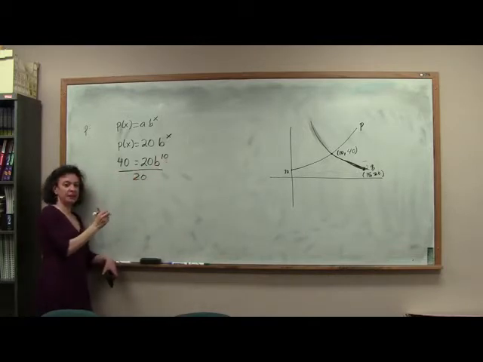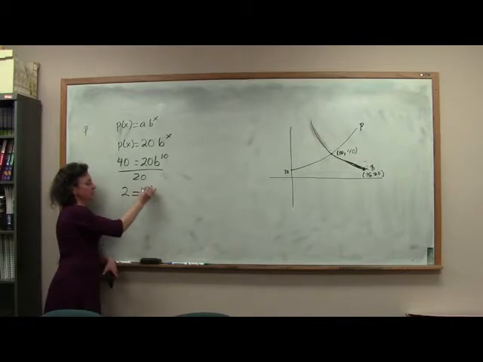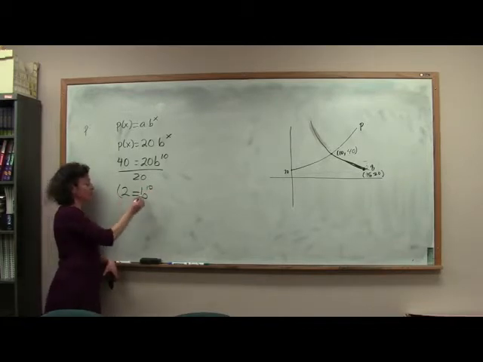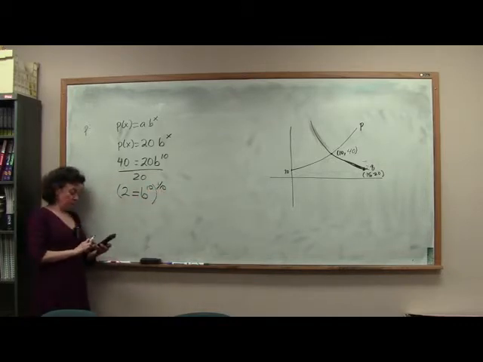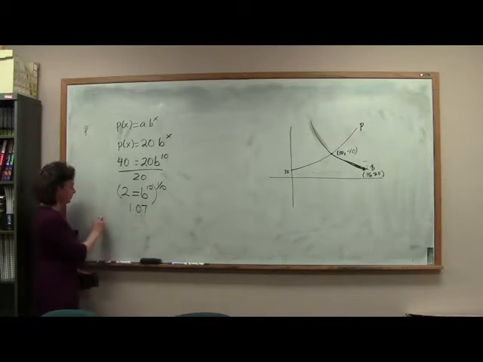We divide both sides by the number in front. So I get 2 is b to the 10th power. And then in order to get b all by itself, I raise both sides to the 1/10th power. And if you compute that, you're going to get 1.07.